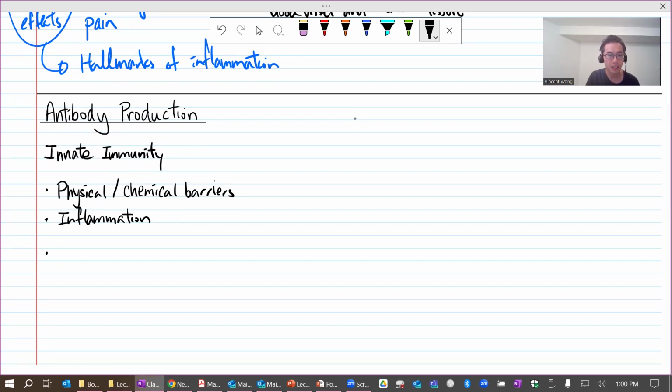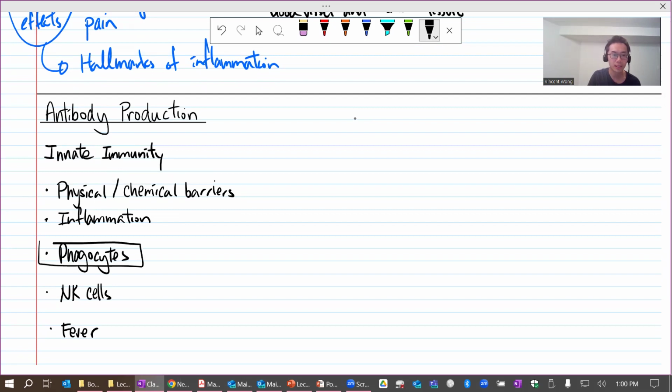We also have phagocytes. And we have NK cells and fever. So I want to focus on the phagocytes here. The phagocytes are particularly important because they serve.